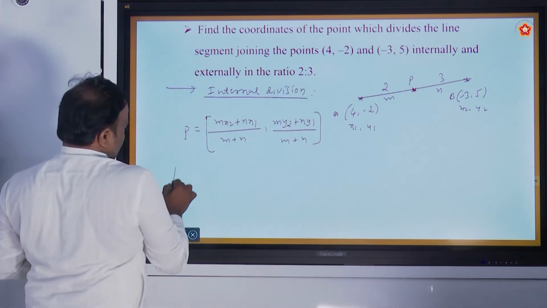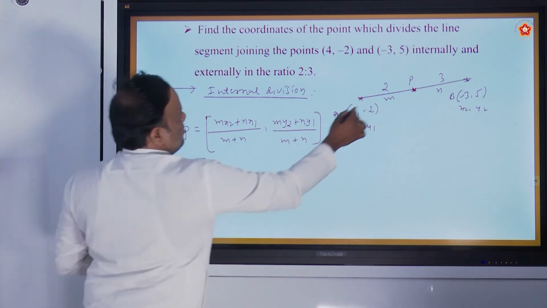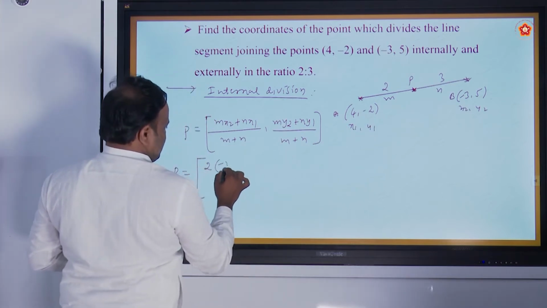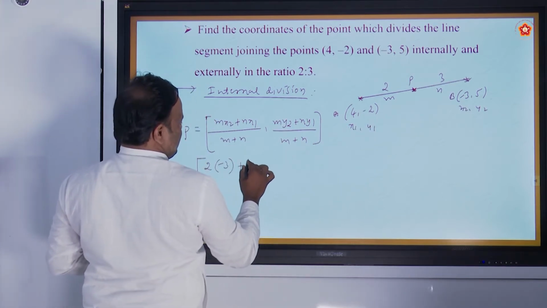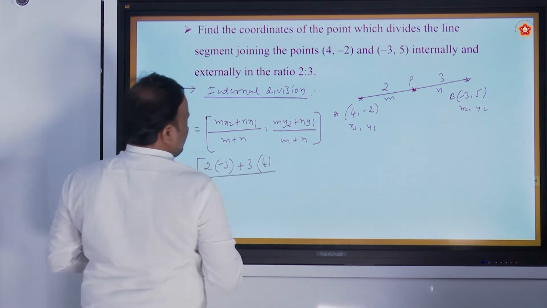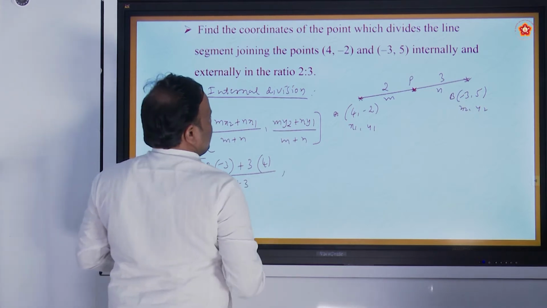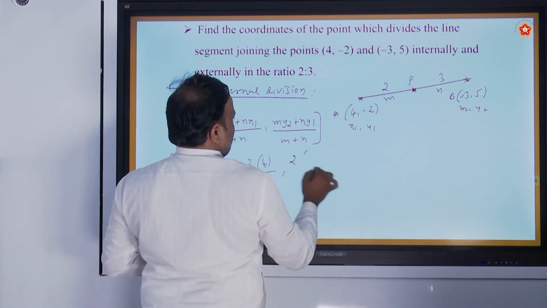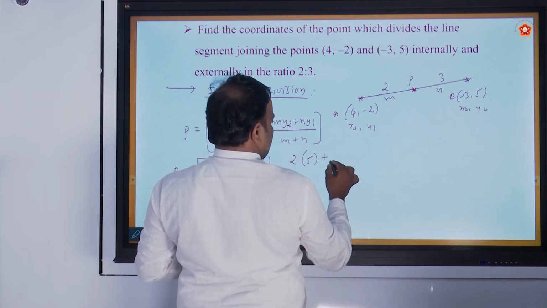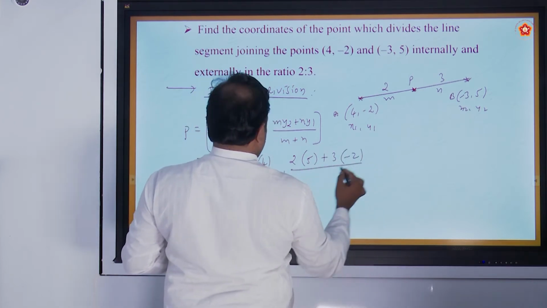Substituting values, P is equal to ((2 times x2, which is -3, plus 3 times x1, which is 4)/(2 + 3), (2 times y2, which is 5, plus 3 times y1, which is -2)/(2 + 3)).